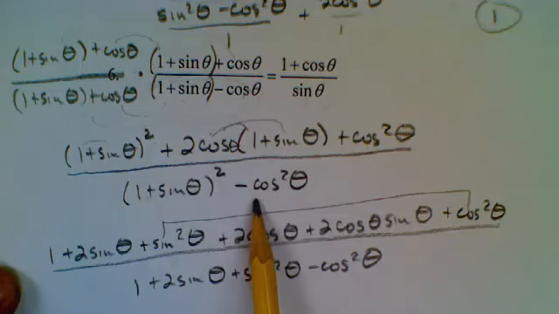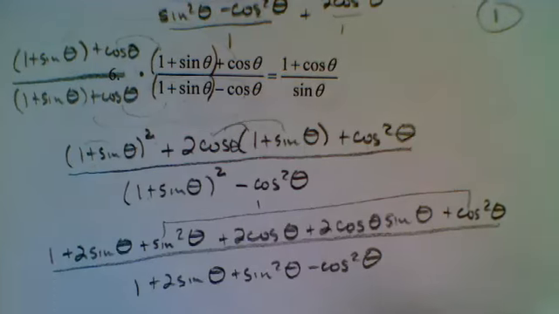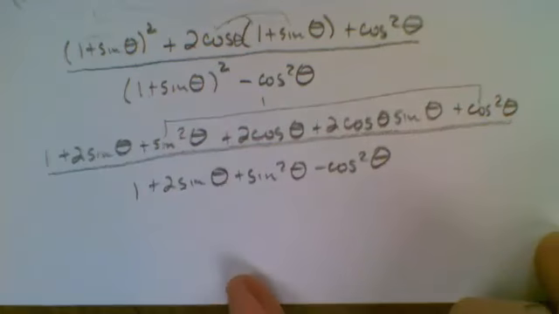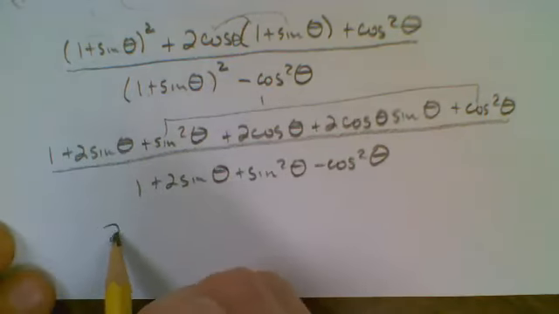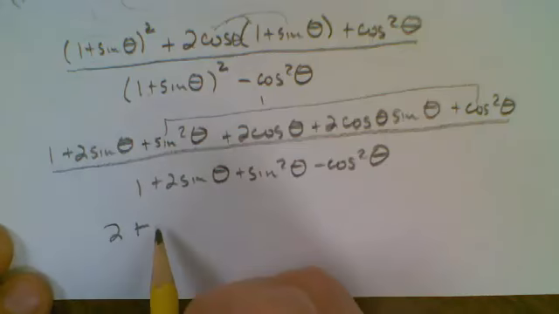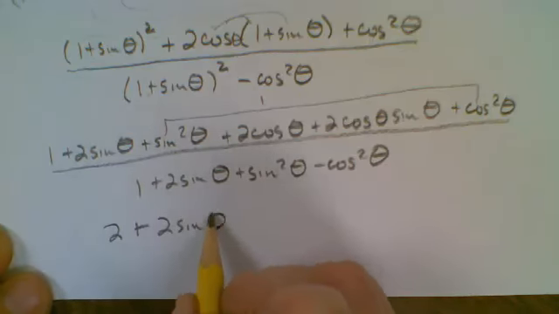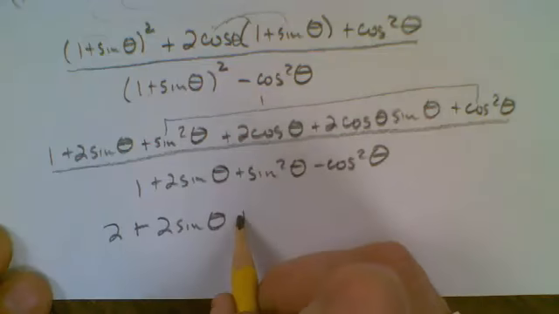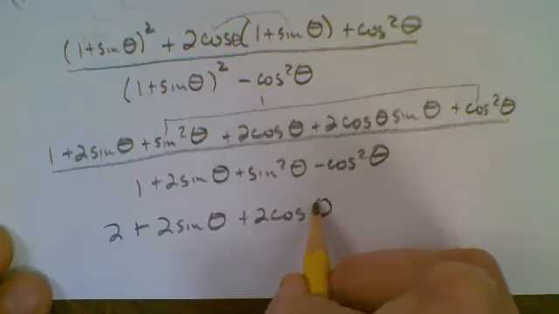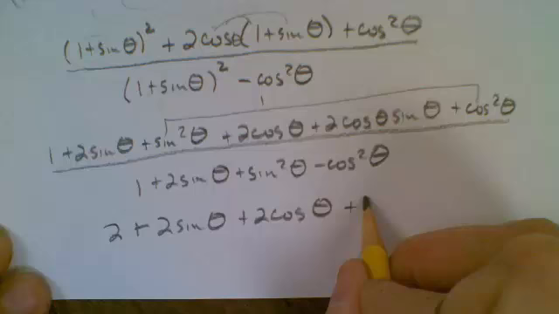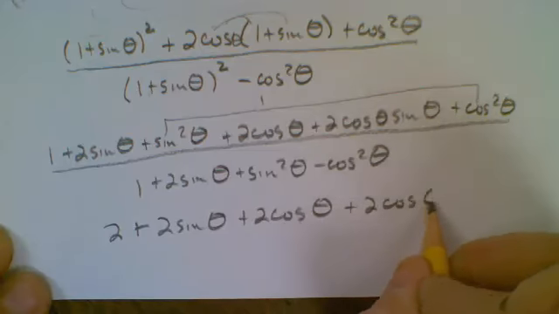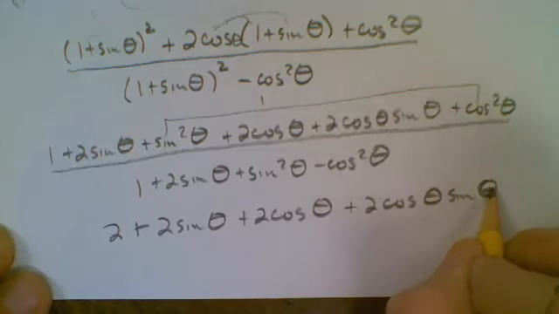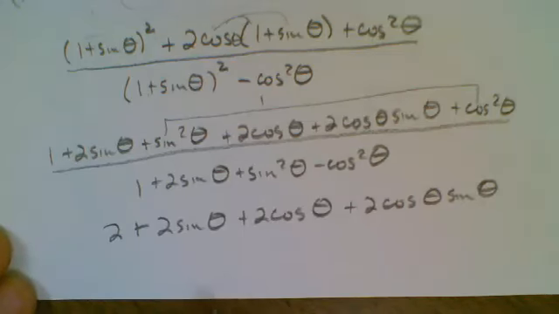So I'm going to say that that's 1 plus the one I already have right here. So I'm going to have 2. And then I'm going to have 2 sine thetas. I'm going to have 2 cosine thetas. And I'm going to have 2 cosine sine. All right, that's everything in the numerator.